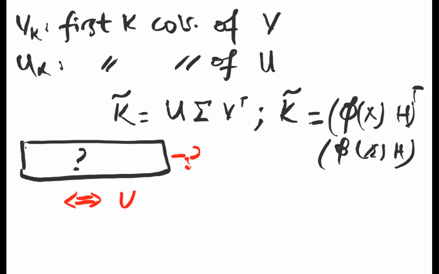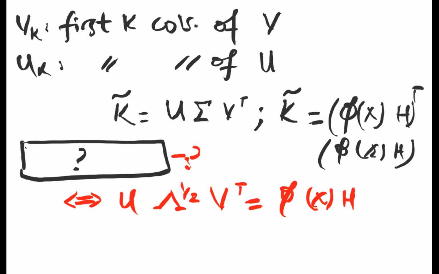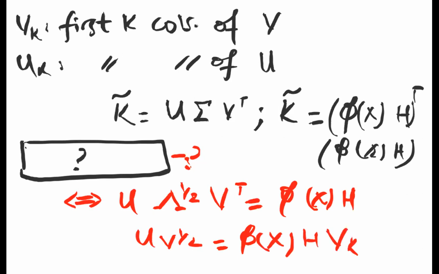I'm just going to write down the next step. U sigma, now I am transferring from the SVD to the EVD expression, so I'm just using the half power, V transpose. This must be equal to phi of X H. Then, going a bit faster, phi of X H V_k. There's this k happening here. I'm skipping some steps.